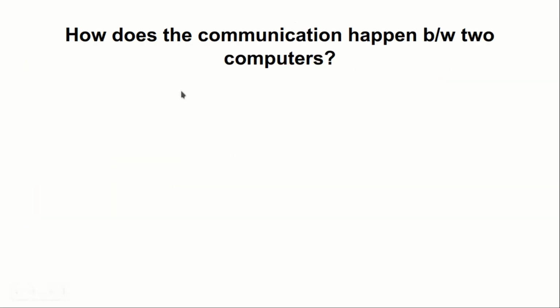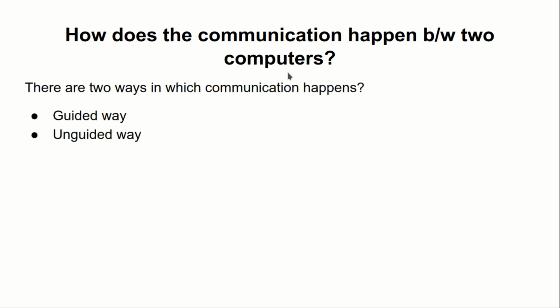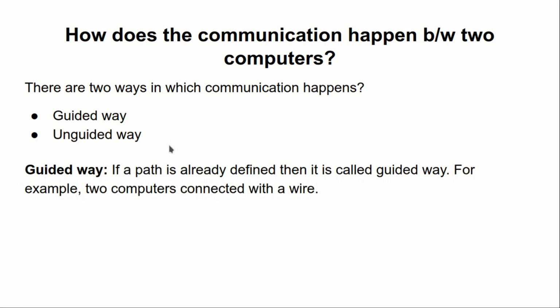Alright. So how does communication happen between two computers? Basically, there are two ways in which communication can happen. The first one is the guided way and the other one is the unguided way. The guided way, as its name shows, has a particular path along which the communication happens. If the path is already defined, then it is called the guided way.